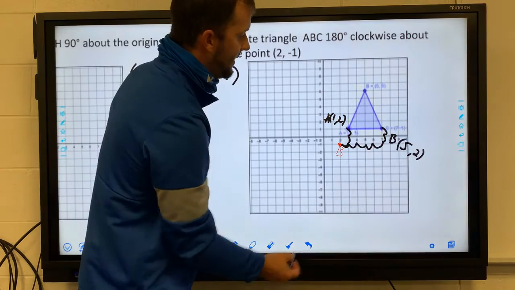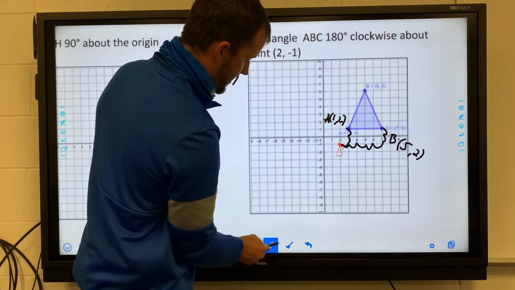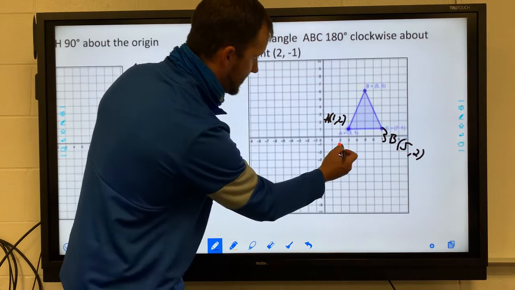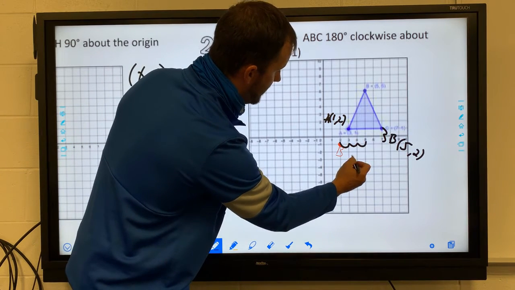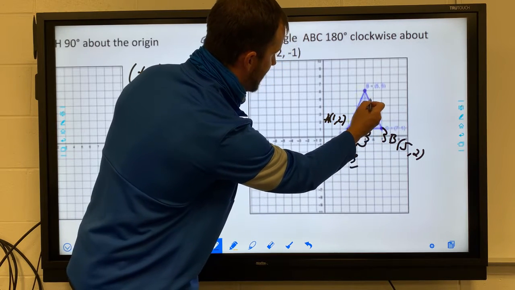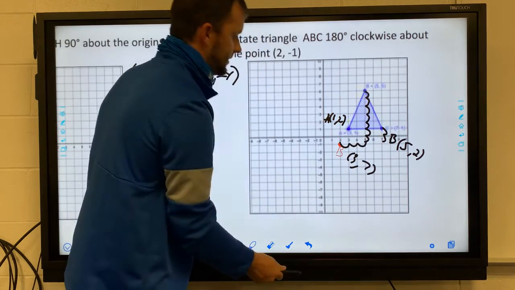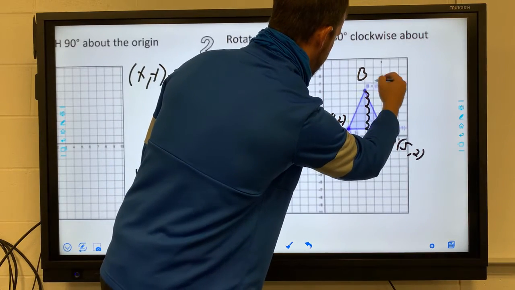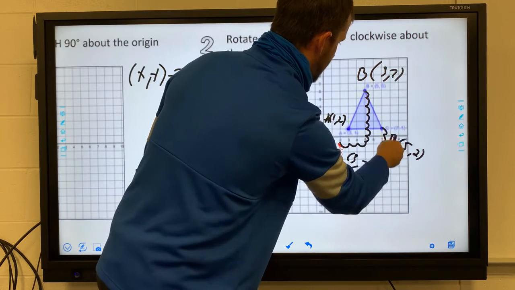And then this last point, up here, is going to be, from point B, 1, 2, 3, and then up 1, 2, 3, 4, 5, 6, 7. Perfect. Actually, this is B, and this right here is C.